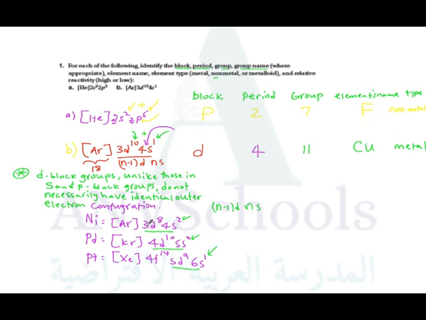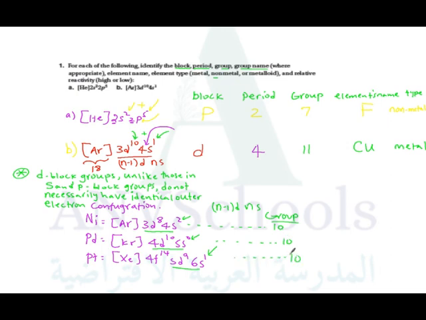If we are asked to assign the group, the group number is found by adding the electrons: 8 plus 2 is group 10. For the second, 10 plus 0 is also group 10. And the third, 9 plus 1, is group 10.